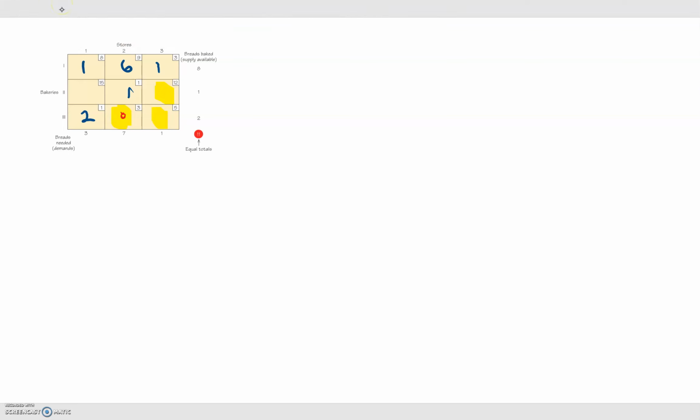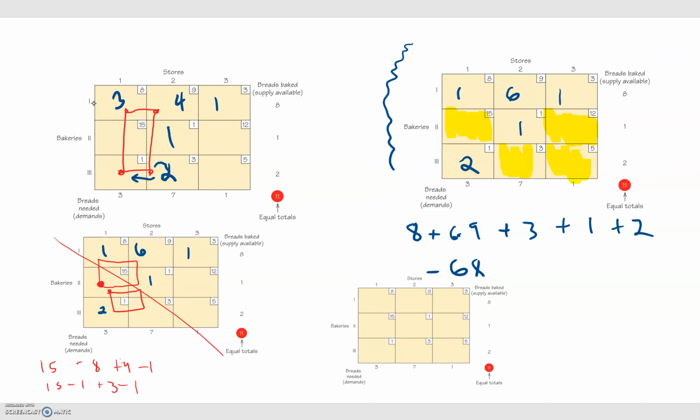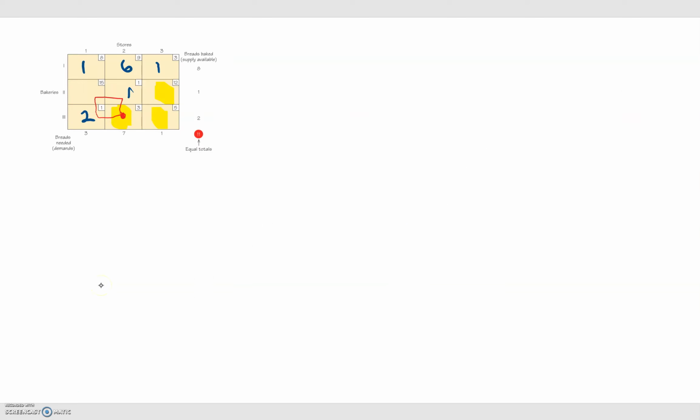I'll start here. And I have 2 possibilities, that one or, but actually notice that I don't need to check this one because I actually did it over here, right? That's the same circuit, so I won't worry about that. I know it's positive. So the only other one I could bother with would be this one.